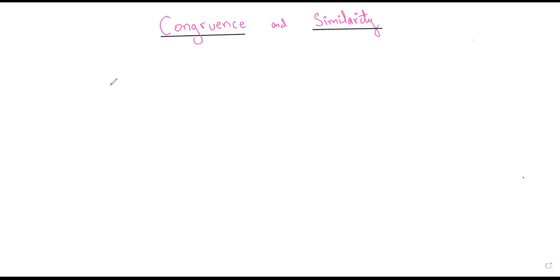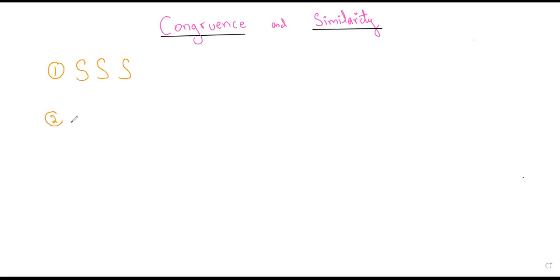In order to have two triangles congruent, we have some conditions. I'll just write them down. The first one is called SSS.